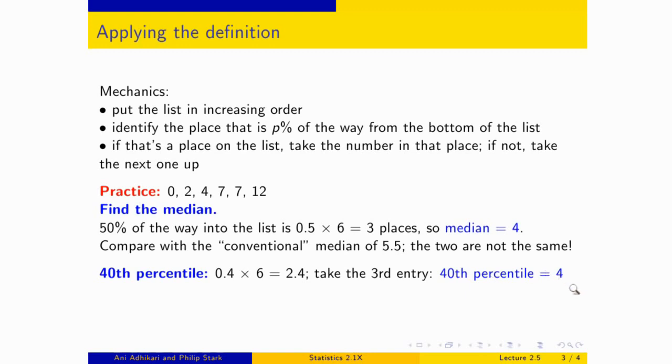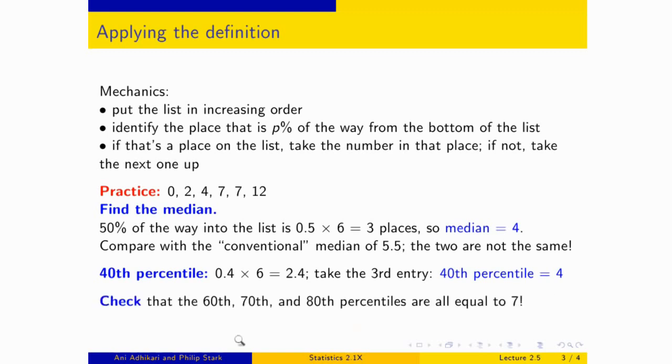And while we're about it, you should check that if you look at the 60th, the 70th, and the 80th percentiles, they're all 7. Shall we try the 80th? 80% of 6, 0.8 times 6, is 4.8. So that's in between here and here.